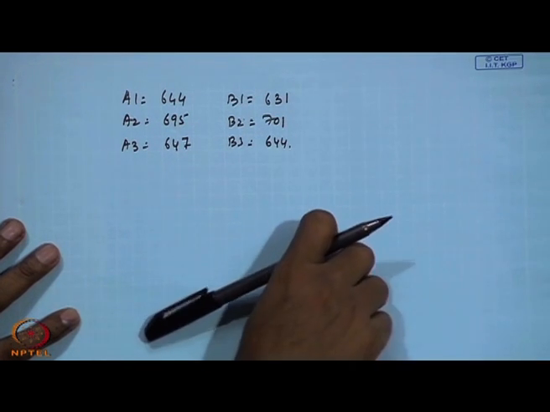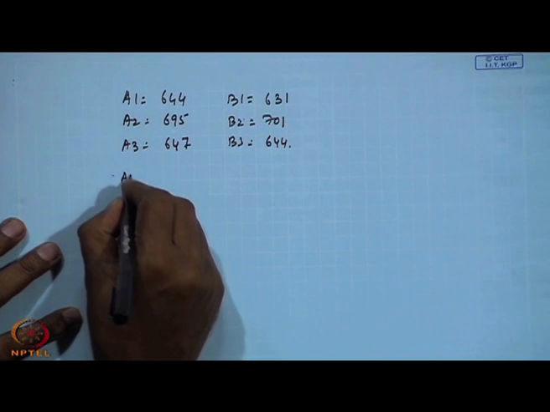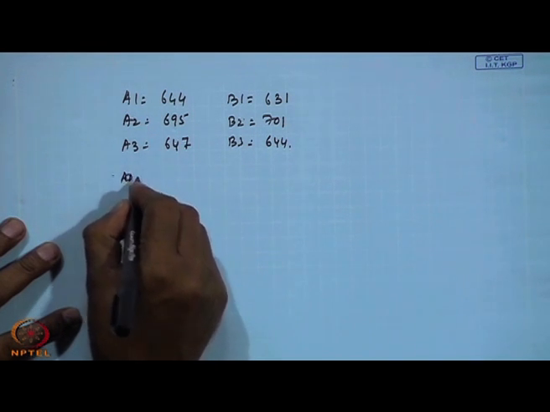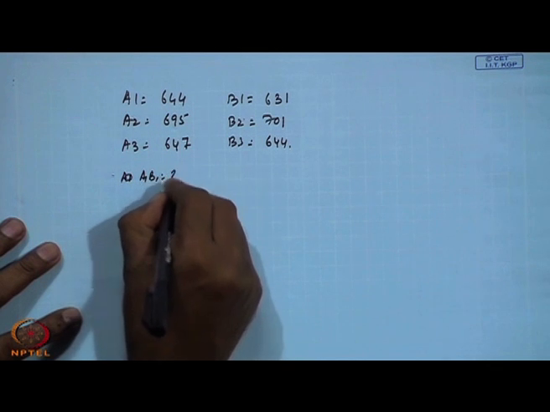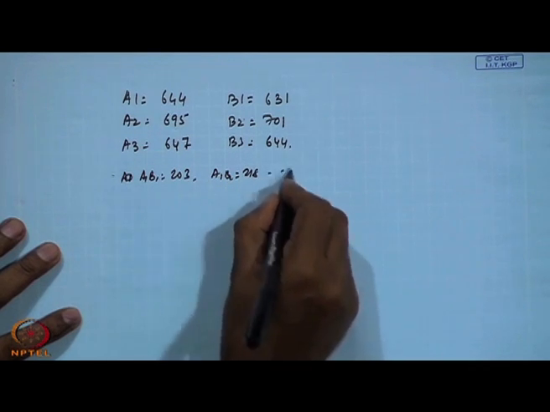Another thing which is also equally important here, we want to see the interactions. Each of the cells is the interaction part. Now, you are making the sum total of each of the cells, that is the AB part. So, if I say sum A1 B1 is 203, similarly A1 B2 is 218, these are all sums.